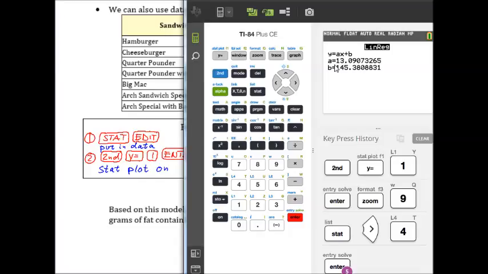A is equal to 13.0907, b is equal to 145.3808. In statistics, we usually write 3 decimals, so we round to the nearest thousandth. And now we're done with the calculator.